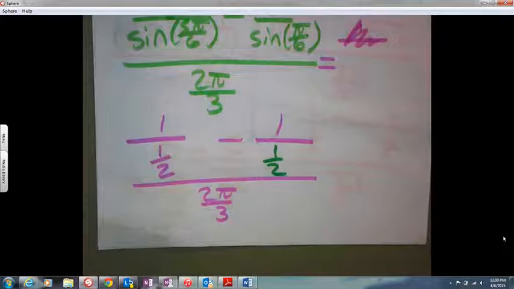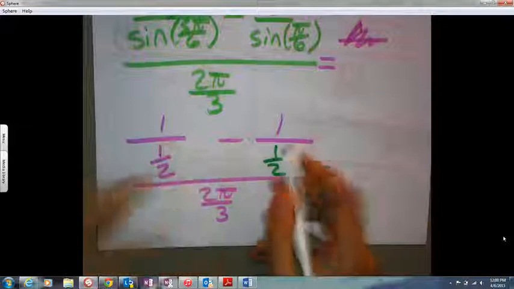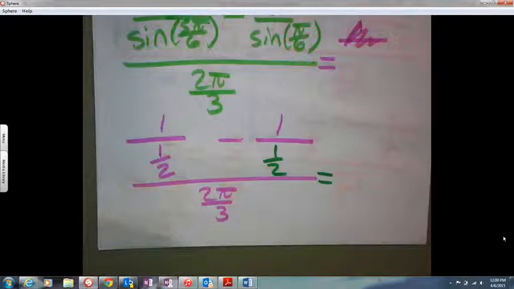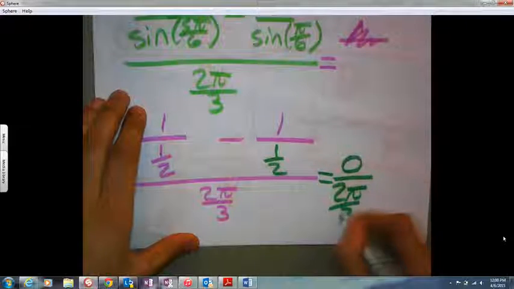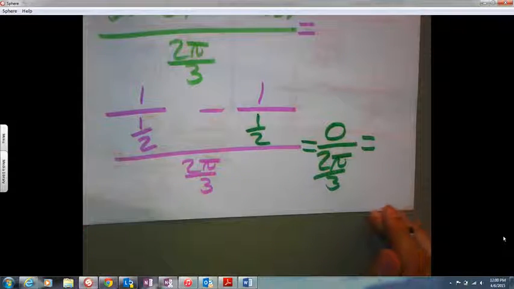George, what is the numerator of this fraction equal? 1 over 1/2 minus 1 over 1/2. 0. Okay. And Eddie, what is 0 divided by 2 pi over 3 equal? 0? Not undefined? I always thought when 0 is in the fraction, it's undefined.